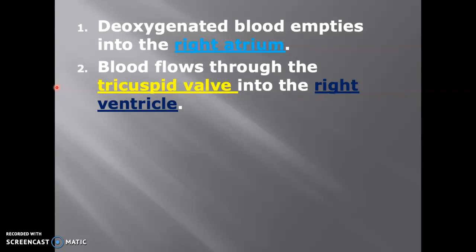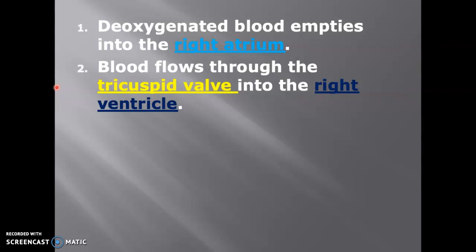So for example, I will say deoxygenated blood empties into the, and you need to say to yourself, right atrium. Then I will say, blood then flows through the, pause, tricuspid valve into the blank, right atrium, or excuse me, right ventricle. And then we will move on. And when we do the test, you'll have to fill those in yourself.